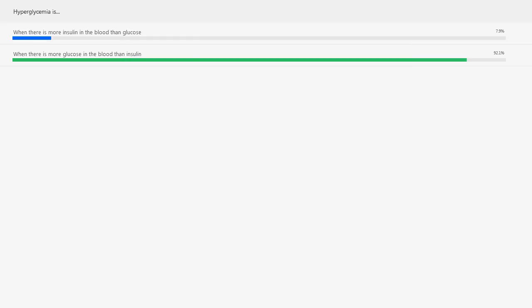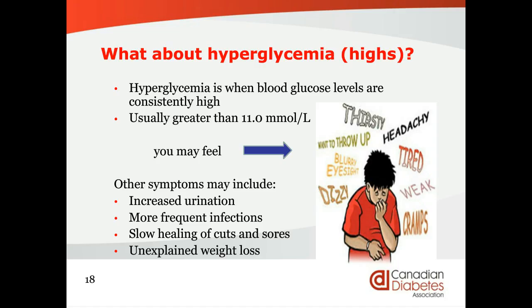You're absolutely right. When there is more glucose in the blood than insulin, that is when you have hyperglycemia, or highs. And usually the blood glucose level is greater than 11 millimole. And you may feel thirsty, you may have blurry vision, you may feel dizzy, weak, want to throw up, you may have abdominal cramps.